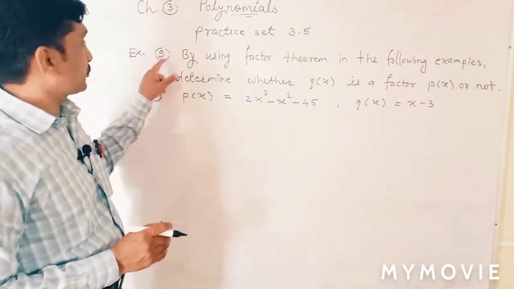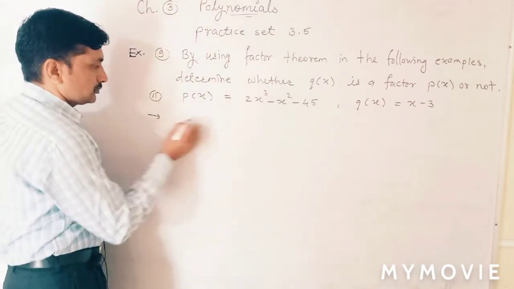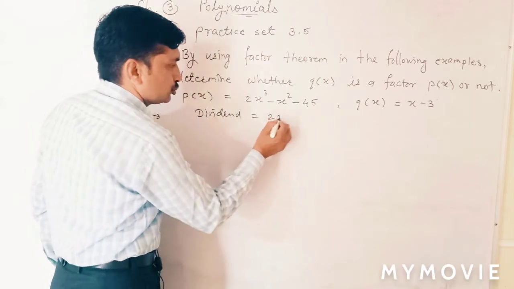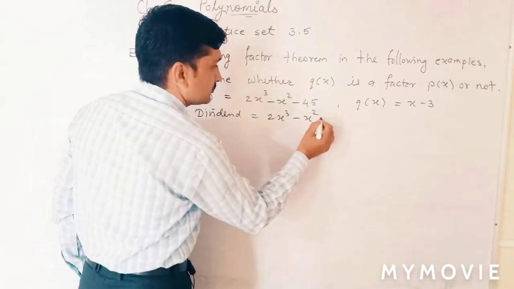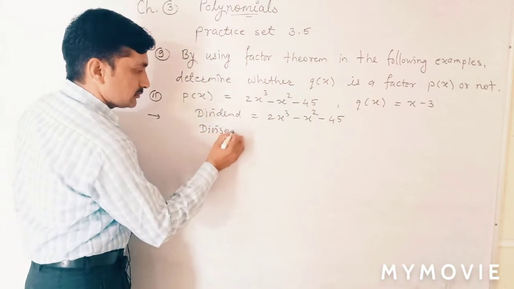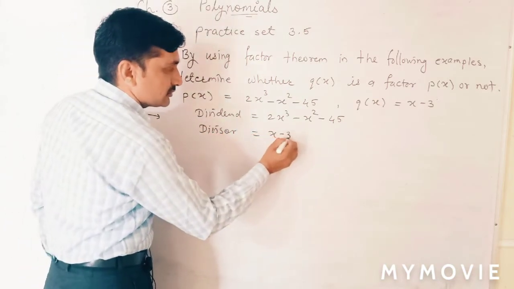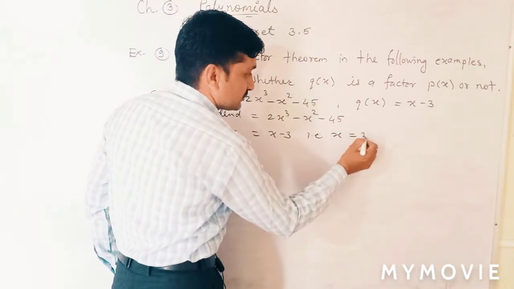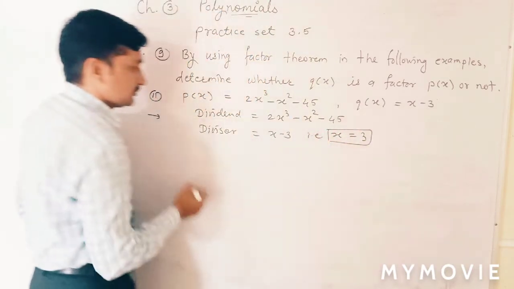Second example from example 9. Dividend is 2x cube minus x square minus 45. Divisor is x minus 3, that is the value of x is the opposite of minus 3, which is plus 3.